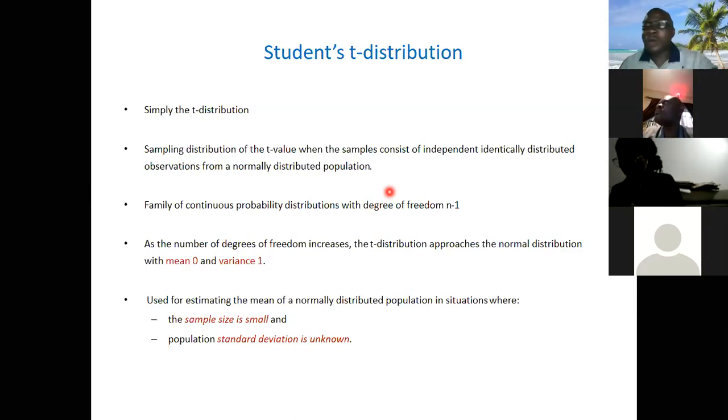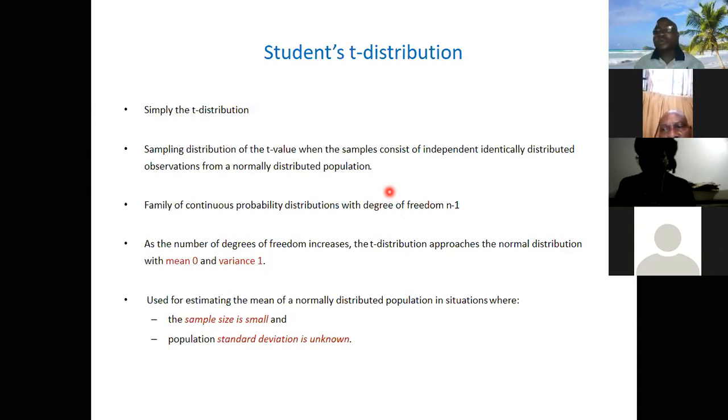Maybe one from rural, one from urban. We want to see any difference in their height. The distribution of the difference in the height of these two populations is the T distribution. But these two populations are normally distributed. So whatever the parameter and statistic you are calculating, when you calculate the difference, the pattern of occurrence of the difference is the T distribution.